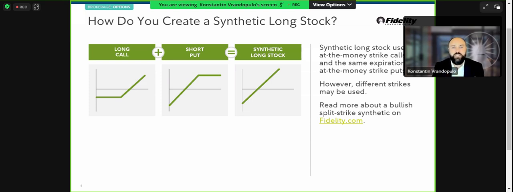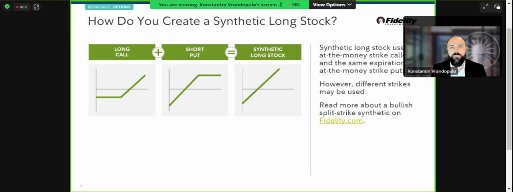How can we efficiently and effectively gain exposure to an underlying security that I'm bullish on for substantially less capital commitment than I would need in order to buy a stock?